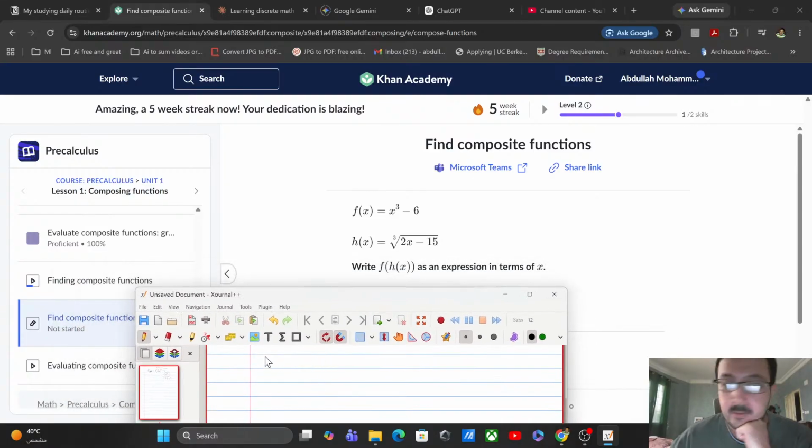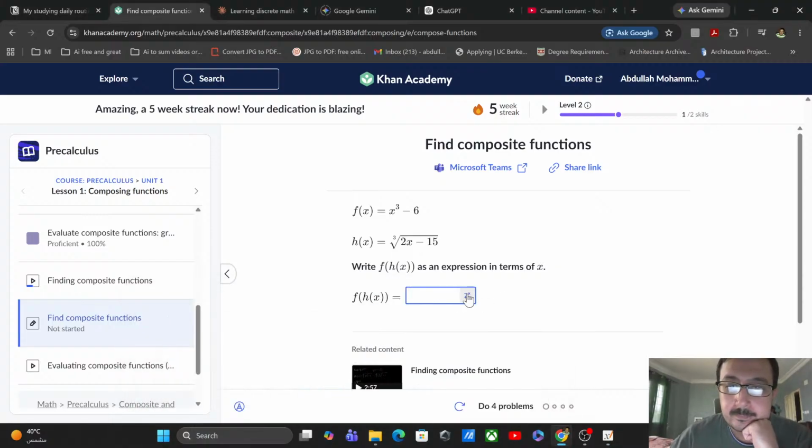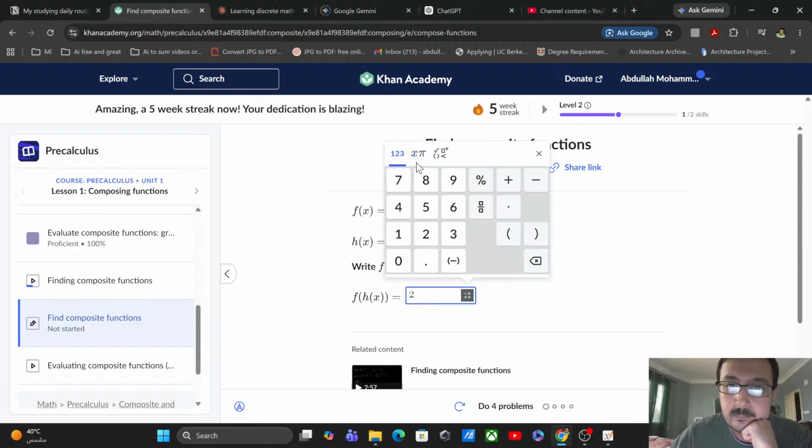So f of h of x, it's going to be the root of 2x minus 15 all over to the power of 3 minus 6, and this will go with this, so it's going to be 2x minus 15 and minus 6, that's a minus 21. So 2x minus 21.